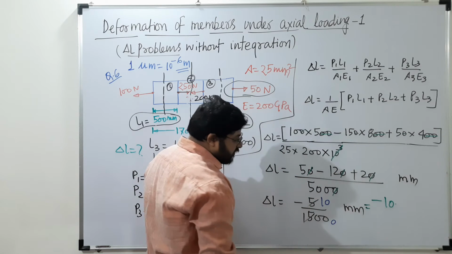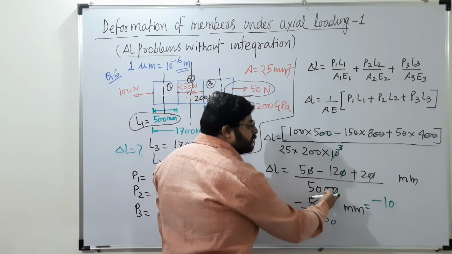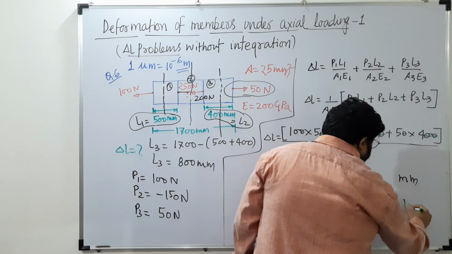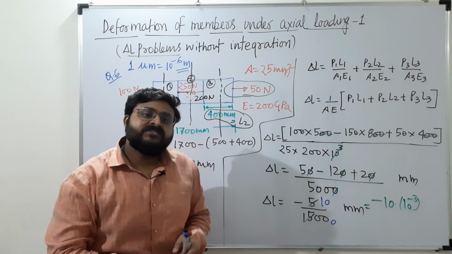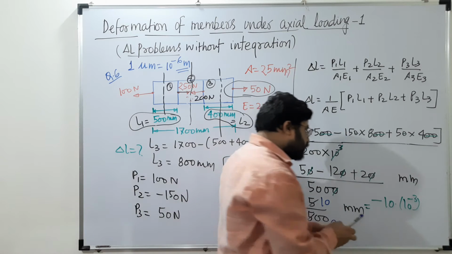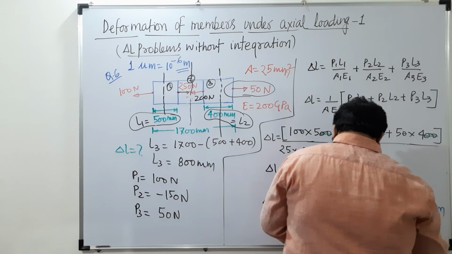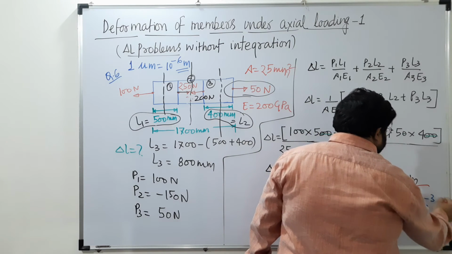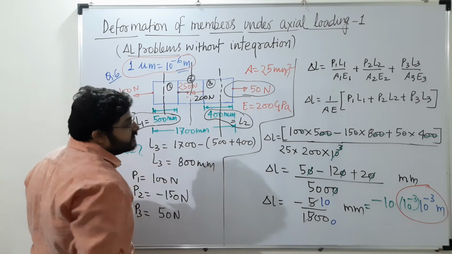Now the units we are concerned about, this is minus 10. Now this 1000 will go up, so it will be 10 to the power minus 3. 1 millimeter can also be given as 10 to the power minus 3 meter. So we will write this as 10 to the power minus 3 meter. So clubbing these two, you'll come to know that 1 micrometer is 10 to the power minus 6 meter.